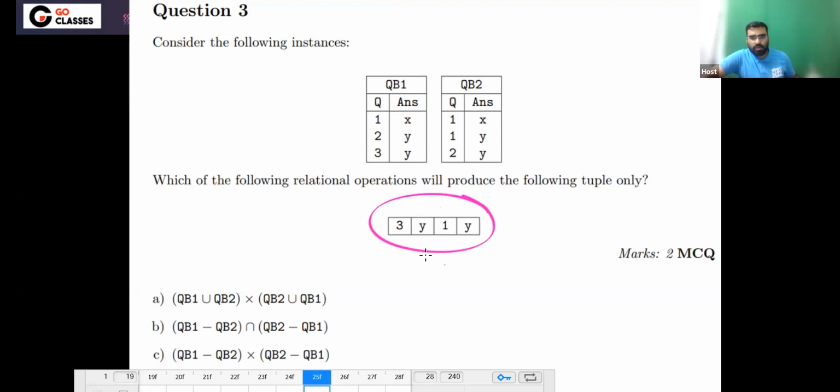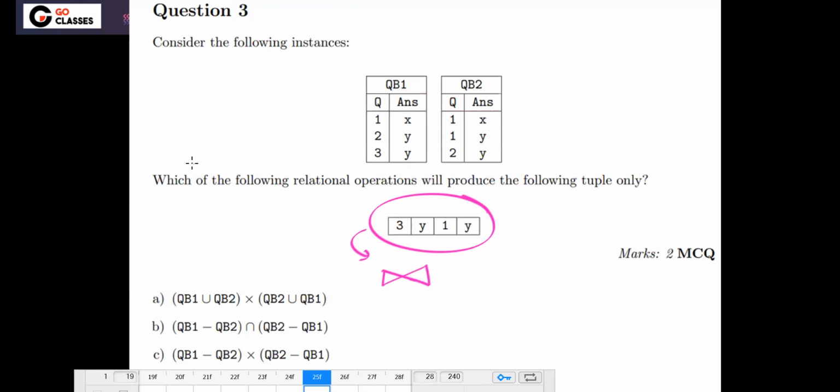Can natural join produce this type of tuple? Natural join cannot produce this type of tuple because the natural join will contain only 2 attributes, right? Yes or no?